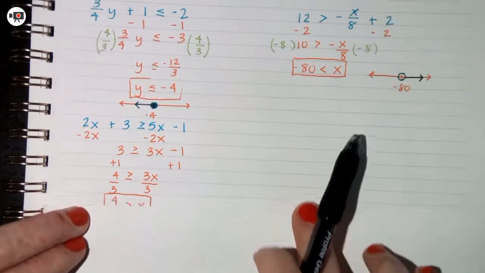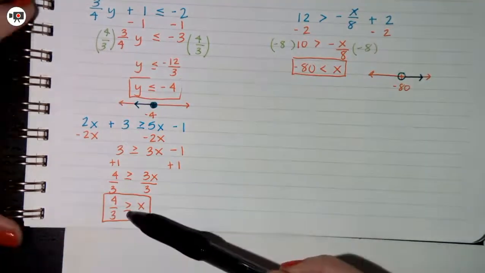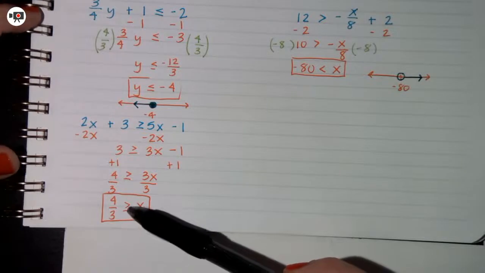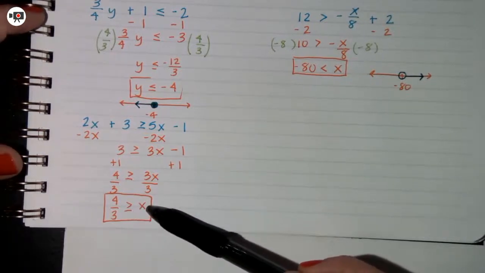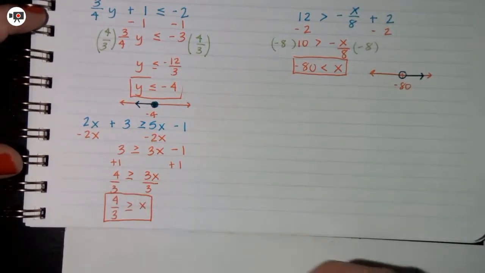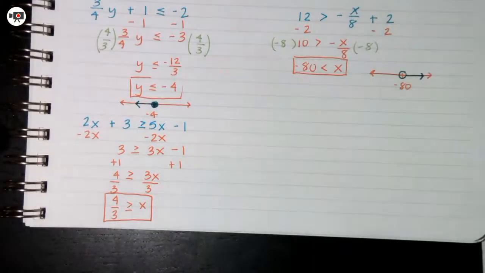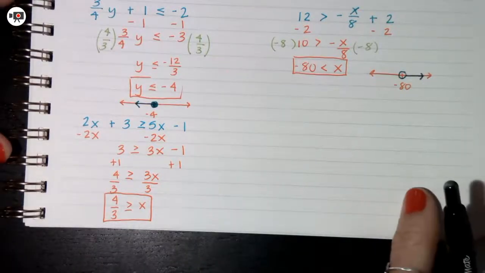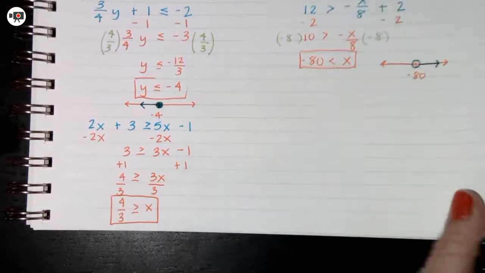Then divide each side by 3. And we're going to leave our answer as the improper fraction of 4/3 is greater than or equal to x. We do not rewrite as a mixed number, and don't change it to a decimal unless you are told to. Improper fractions in their simplest form are fine.